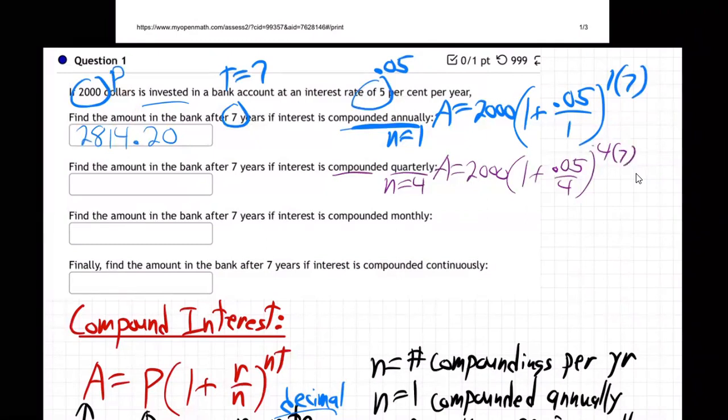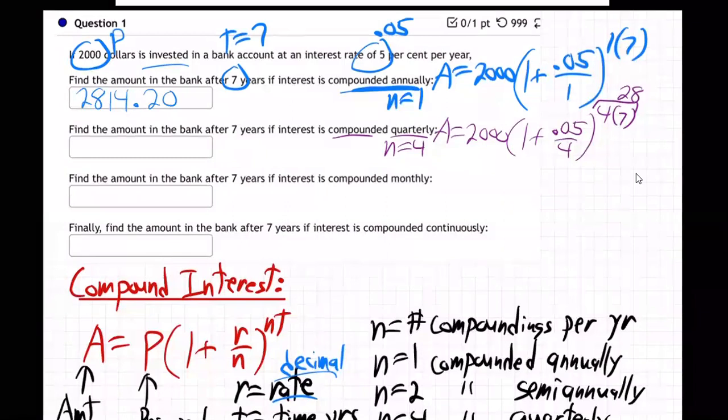So this part up here is going to be 28, isn't it? So type that into your calculator. That power is 28 because it's n times t. See how I got that? n times t. The n is 4, and this is n, and this is t. t is 7 years.